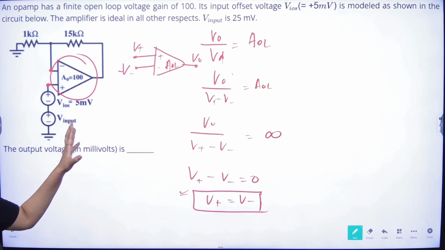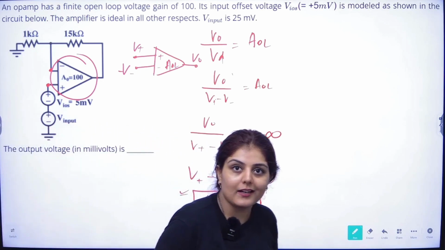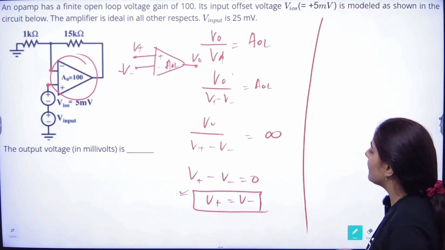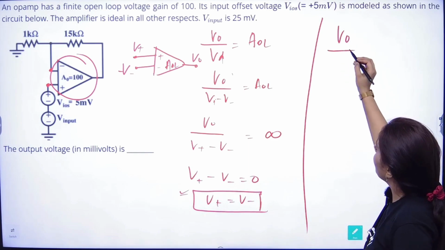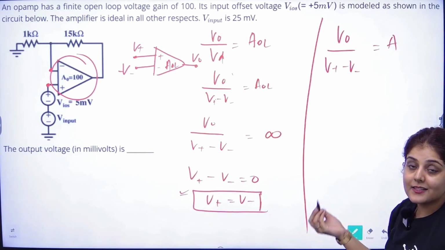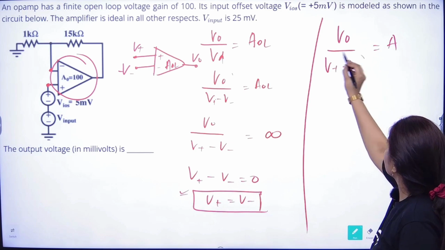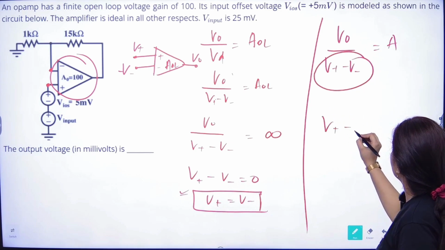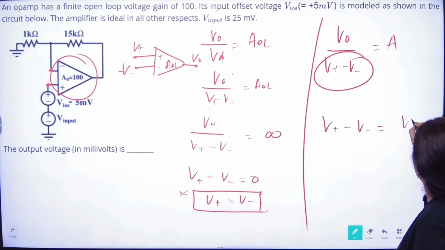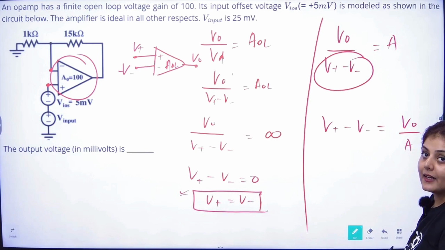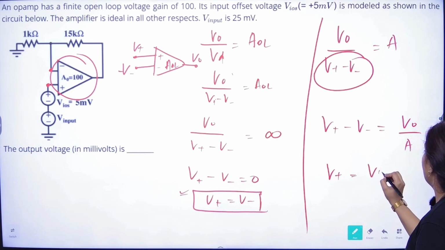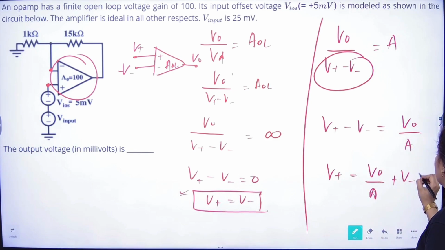So from this concept, we always consider both the terminals of an op-amp to be at the same voltage. But in this case, our concept won't work like that, because they have given us a finite gain. Suppose we have some finite gain A, so V naught divided by V positive minus V negative will be that finite gain. So V positive minus V negative will be equal to V naught by A. From this I can say that V positive will be equal to V naught by A plus V negative.